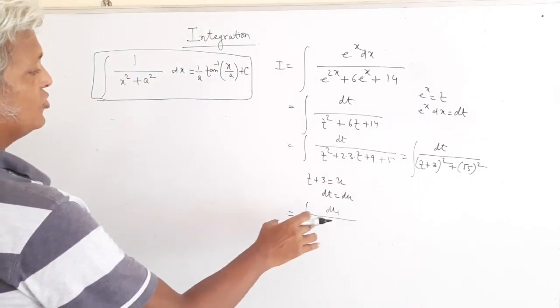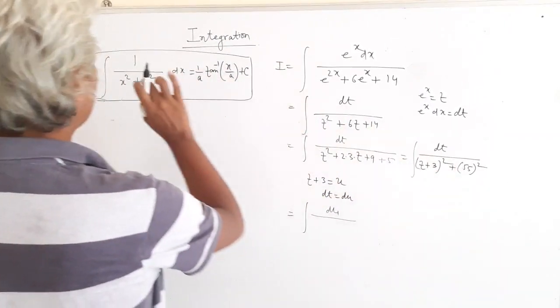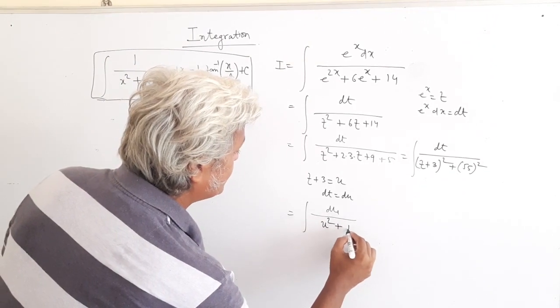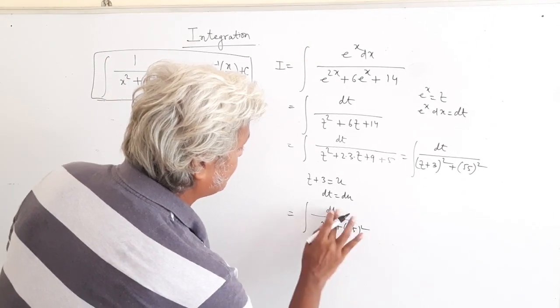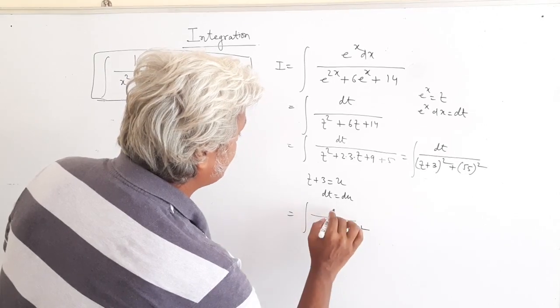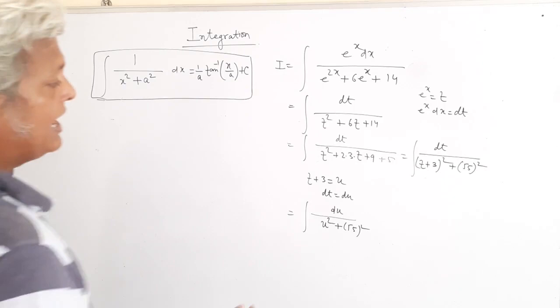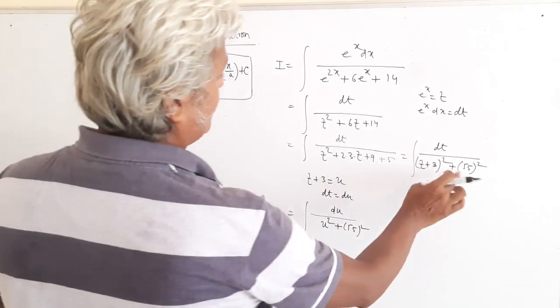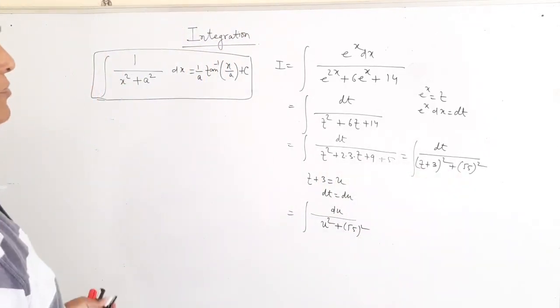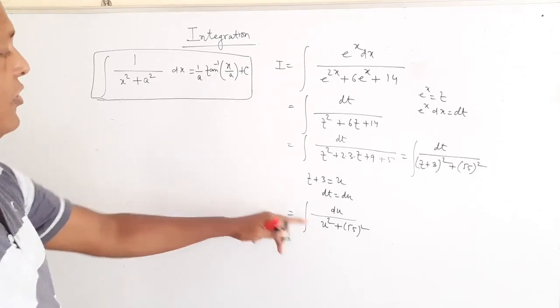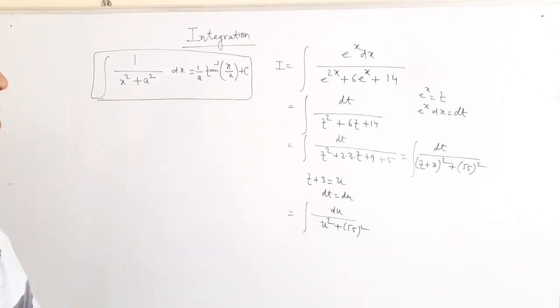I am substituting this only so that you can see this particular form exactly matching with this form. Now you cannot deny that it's not matching, because this is perfectly matching with the standard form. And many people can start solving from here also. There's no problem with that, but you should exactly know how the two forms can be identical.